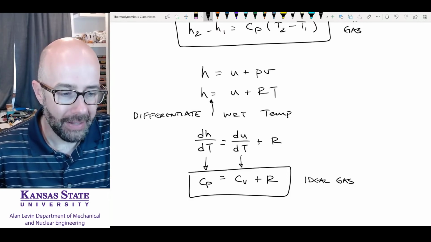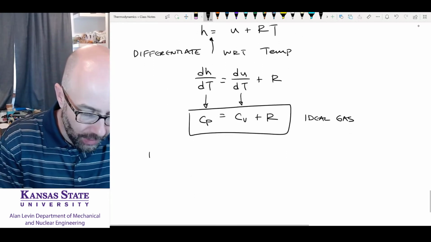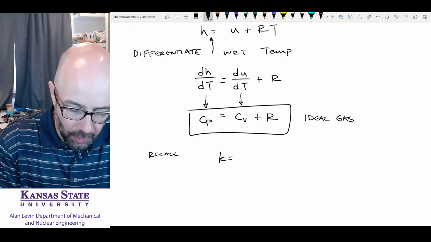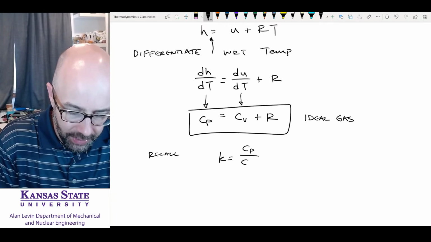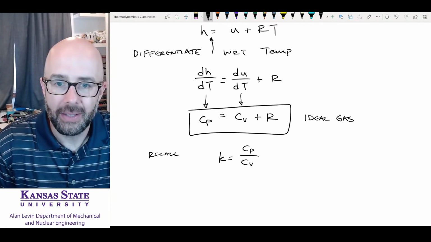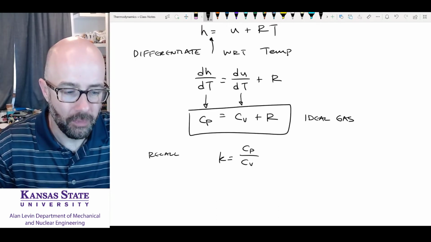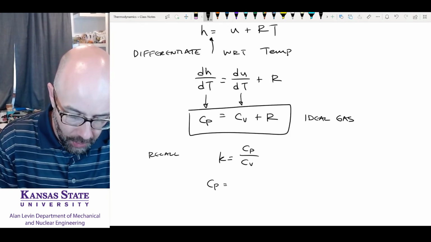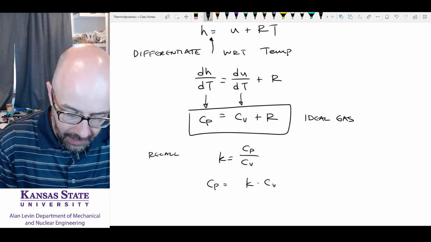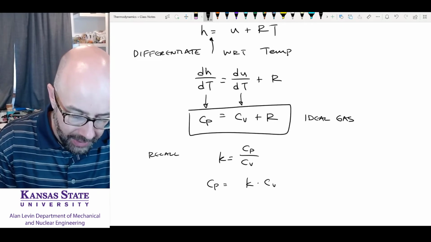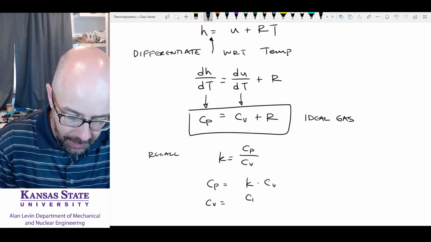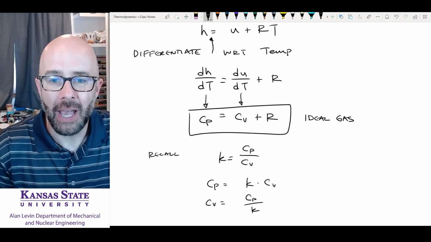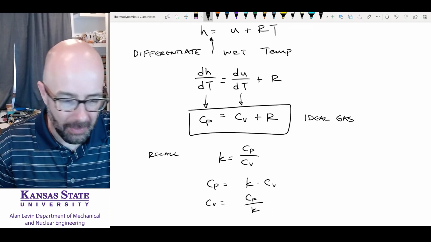Okay? Now, let's also recall that the specific heat ratio K is equal to C sub P over C sub V. So if I do this, I can say C sub P is going to be equal to K times C sub V. And I could also say that C sub V is equal to C sub P over K. Some algebra here.